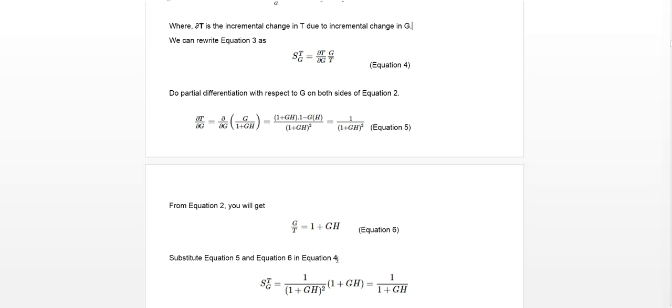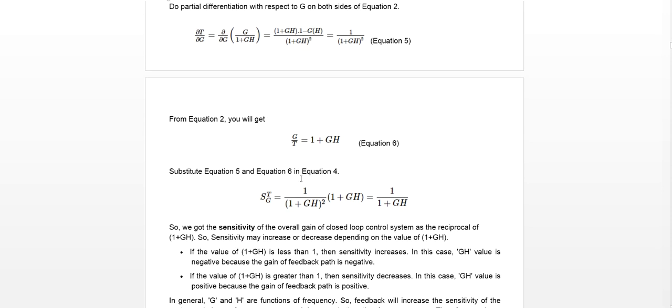So substitute equation 5 and equation 6 in equation 4. We have the formula for sensitivity as 1 divided by the quantity 1 plus GH squared times 1 plus GH. So common denominator and numerator, so cancel 1. So the answer left, or the quantities left, is 1 over 1 plus GH.